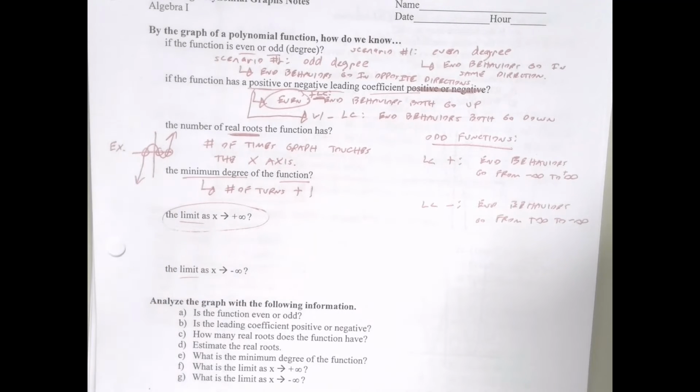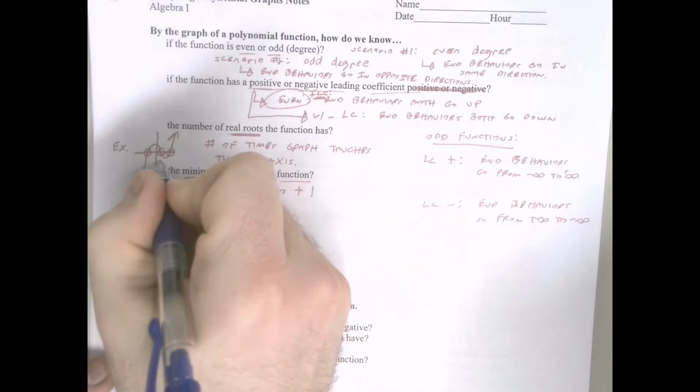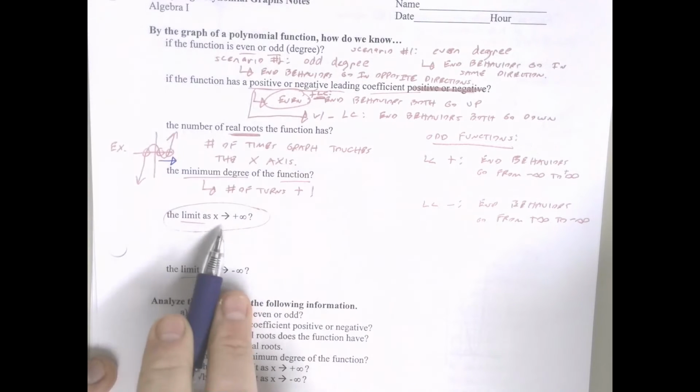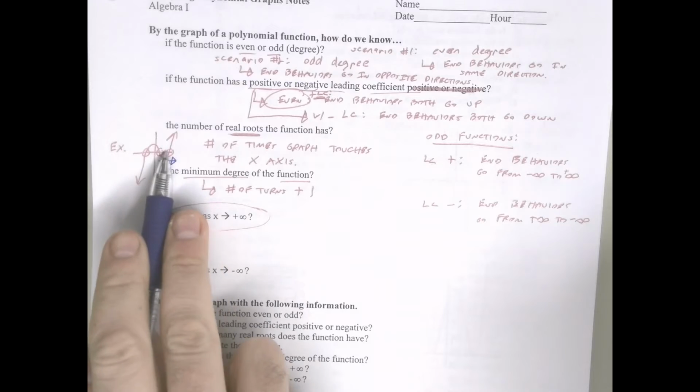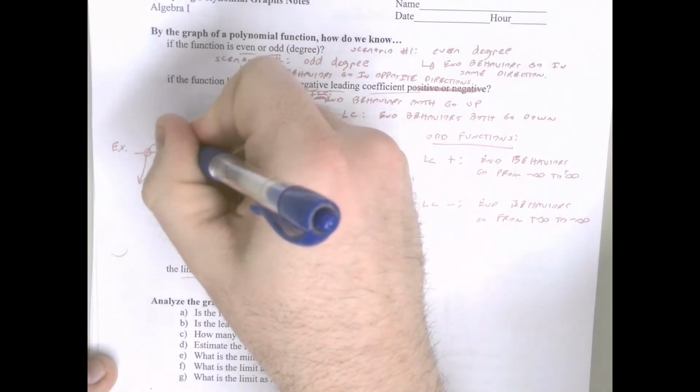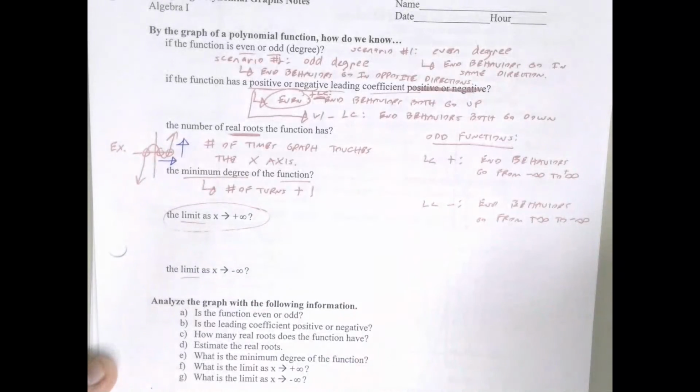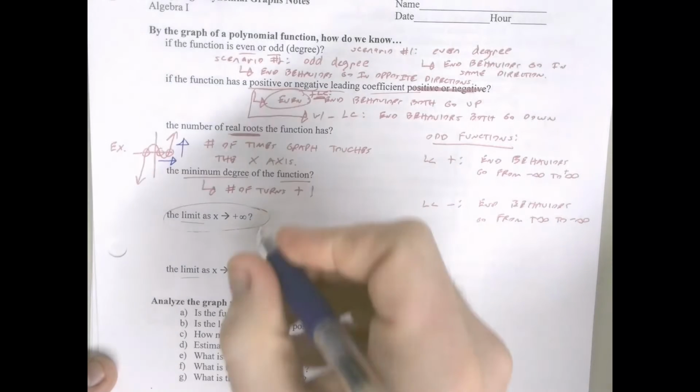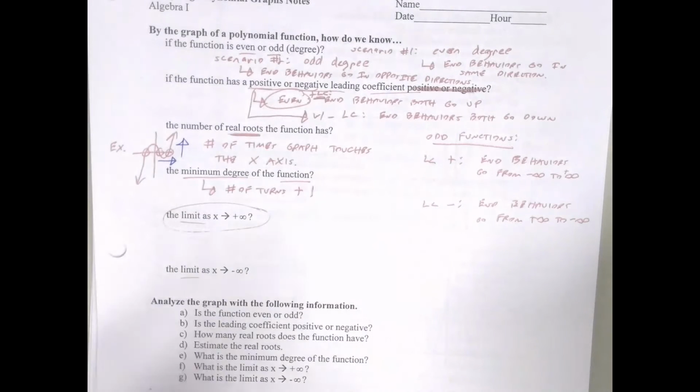All that means, guys, is as you move right on the x-axis, what's the graph doing? If I draw an arrow in this direction as I move to positive infinity on the x-axis, what's the graph doing? It goes up. So you say it's positive infinity for that example.